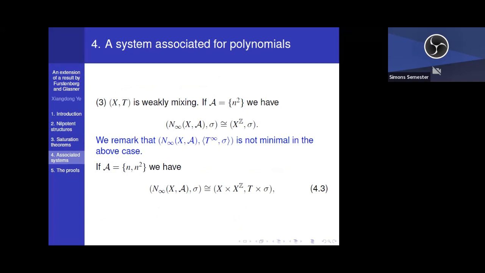So in the linear case, it's minimal, but for a polynomial of degree larger than or equal to 2, it's not minimal, since the diagonal is invariant and closed under T infinity and sigma. So if A is n squared, then you have this.